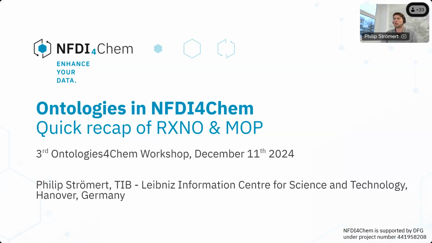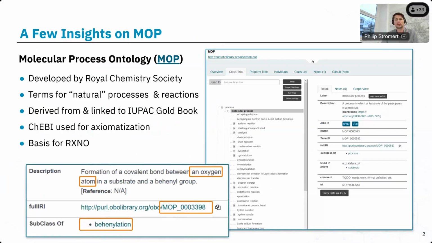And both are developed by the Royal Society of Chemistry. With MOP, we have the molecular process ontology that defines the natural processes and the natural reactions that can be occurring. It was mostly derived from the IUPAC Gold Book, and it uses KBI for its axiomatization, as I showed yesterday. And it is basically the basis for Rxno.